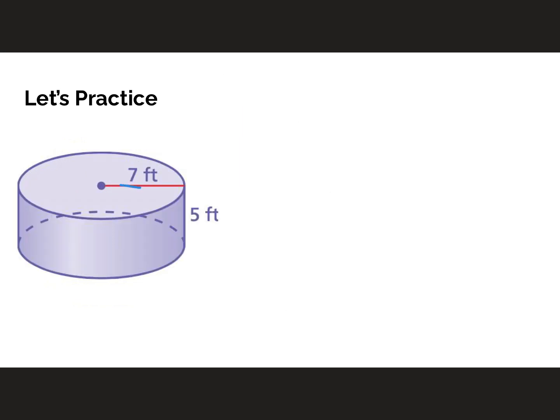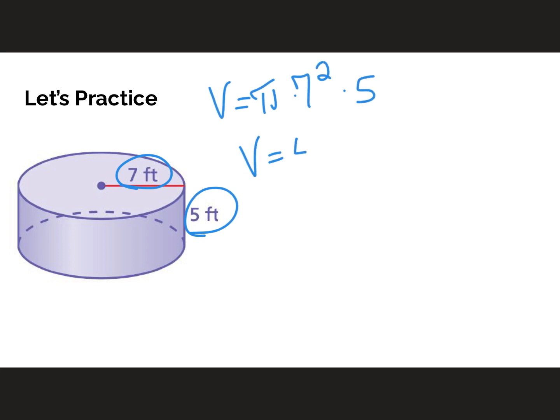Okay, here again, radius, height, volume equals pi times 7 squared times 5. So my volume equals 49 times 5 times pi.